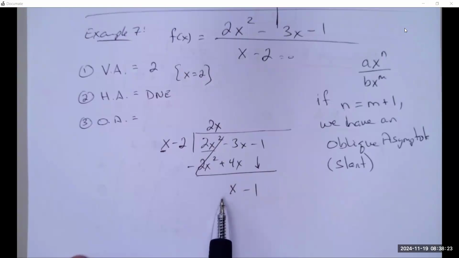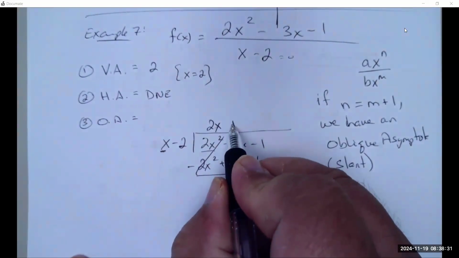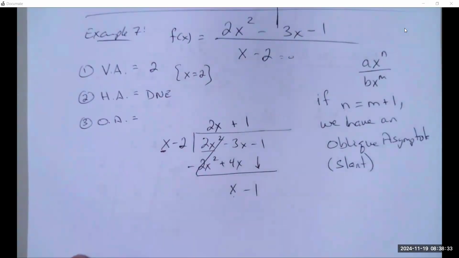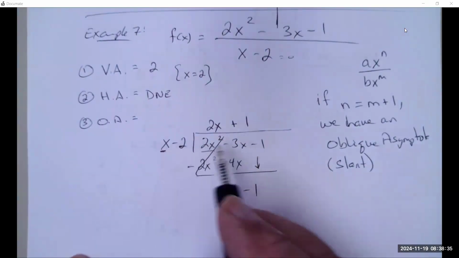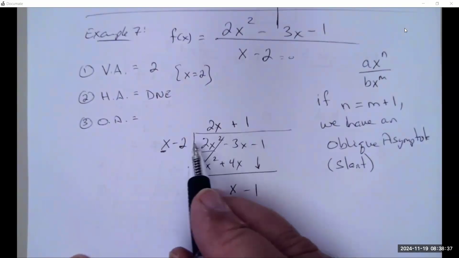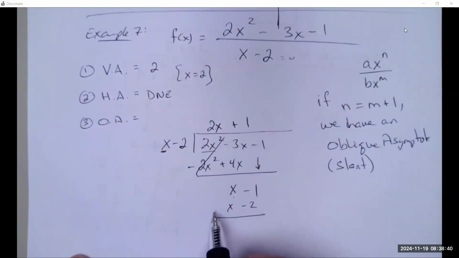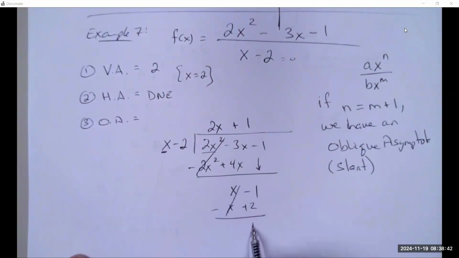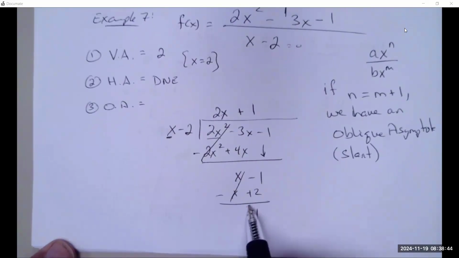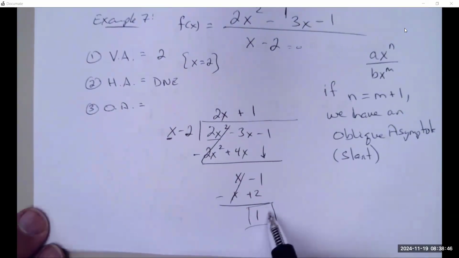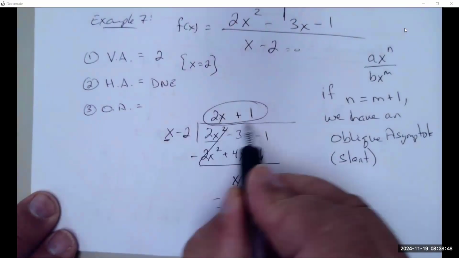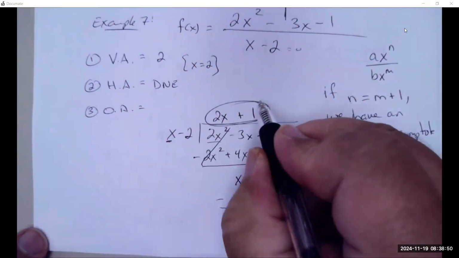Can we keep on going? Yeah. What times x gives me x? What kind of one? Positive one, because we have to know what sign to put there. 1 times x is x. 1 times -2 is -2. Change the signs. This is our remainder. Ignore that. This is our oblique asymptote.